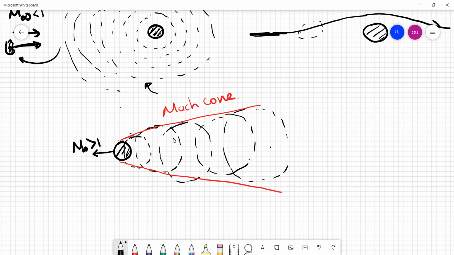Well, this is bad news for a fluid particle. Let's say it's standing here, as the object is moving towards it, it has no idea. It will not receive any information, because the waves cannot propagate upstream of this object. So it has no idea that a very fast moving object is coming towards it.